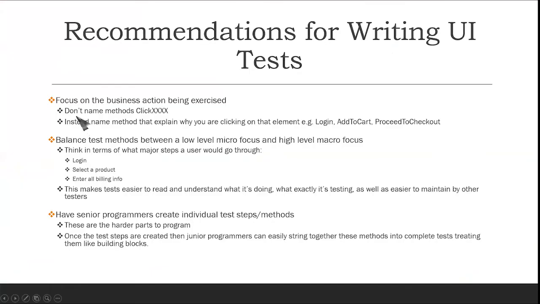Some recommendations. I kind of touched on this from the beginning. Focus on your business action being exercised. If you are naming methods, click on element A, type text into B, select value from dropdown, now you are focused in the weeds. You're focused too much on the details.